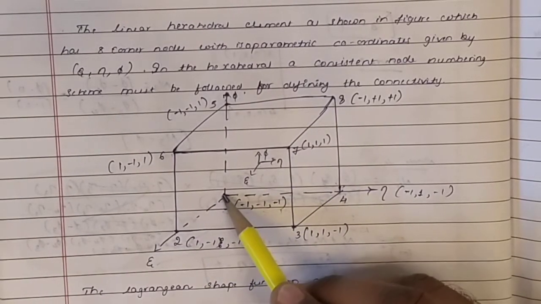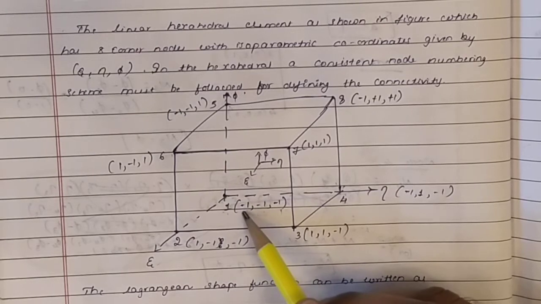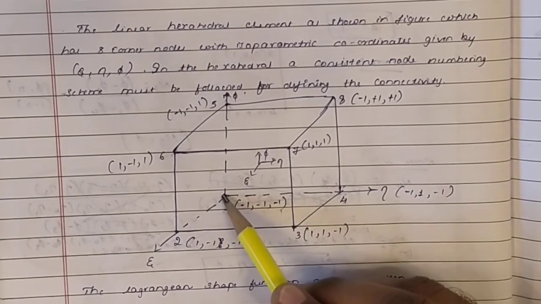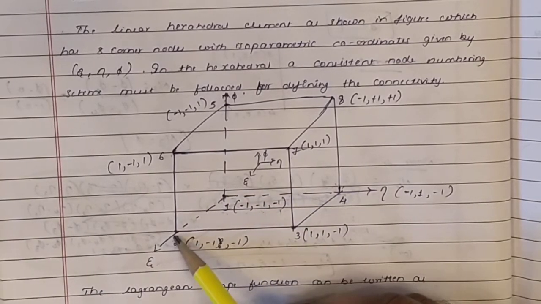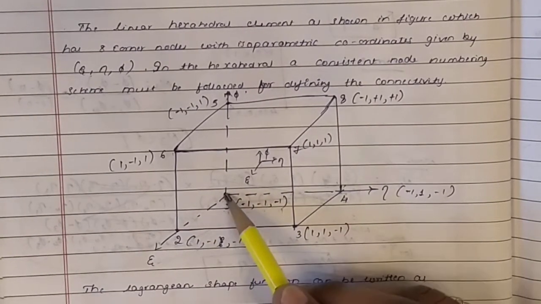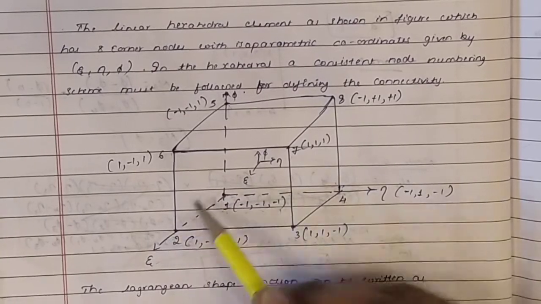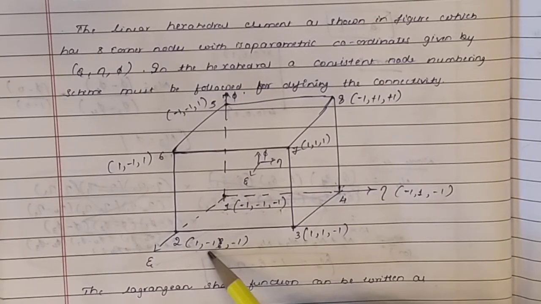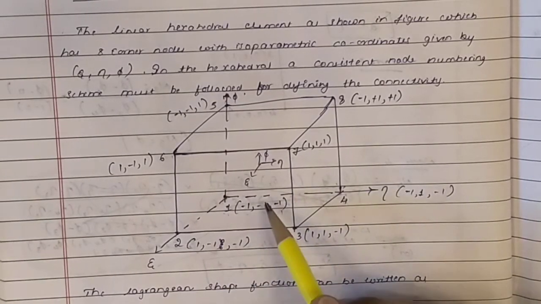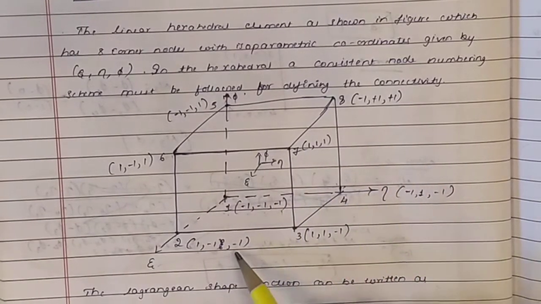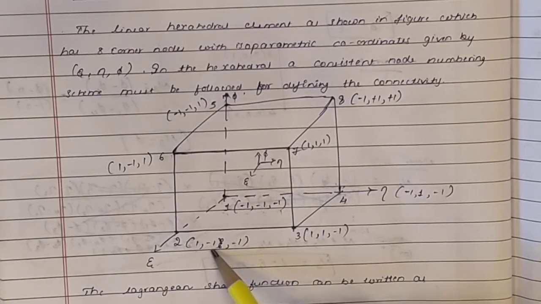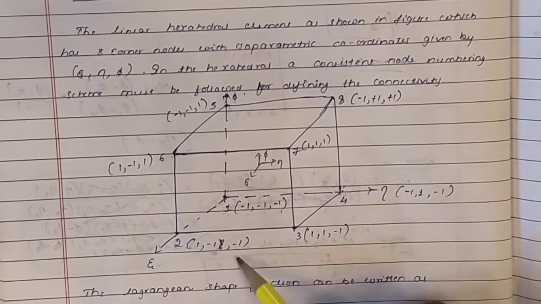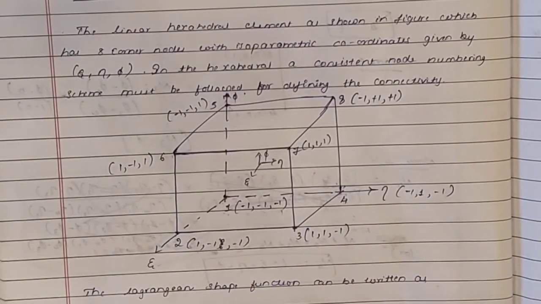Node 1 is in the negative zeta, negative neta and negative phi coordinate. Now if you move towards node 2, it becomes positive zeta, because you are moving along the zeta axis, whereas neta still remains negative at the bottom, and phi still remains negative.